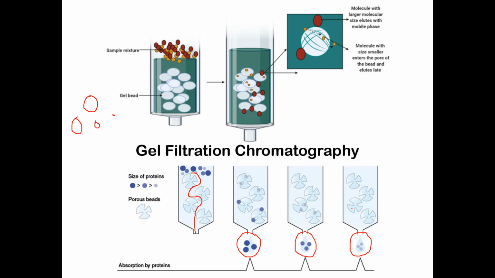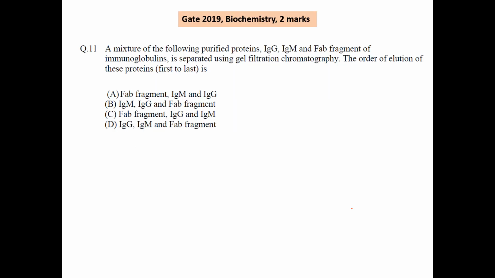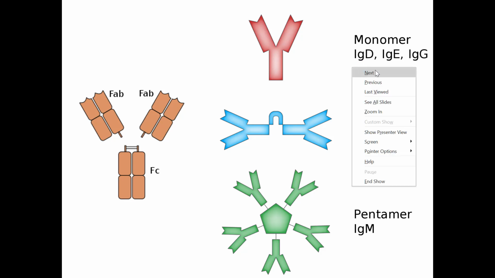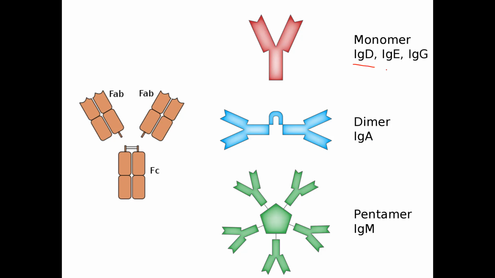So, based on this information, we can answer this question. We have a mixture of purified proteins which are IgG, IgM, and Fab fragment. As I have already mentioned, and I will mention again, IgG, IgE, and IgD, these immunoglobulins, exist as a monomer.